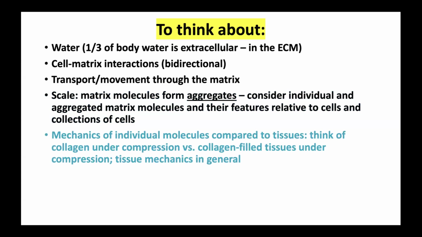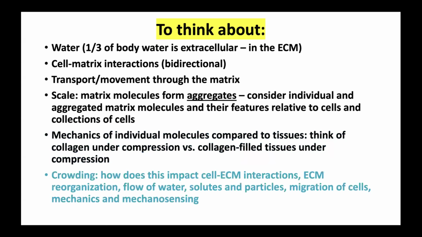Tissue mechanics in general is really a function of individual molecules combining to form aggregates, often cross-linked networks with cells present. And you can have behavior that's completely 180 degrees different depending on what the organization of cells and molecules is. Finally, I talked before about crowding and how that affects really everything as far as ECM behavior.